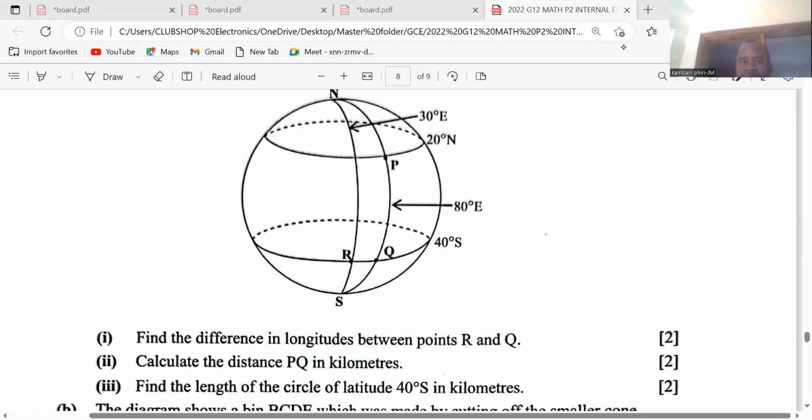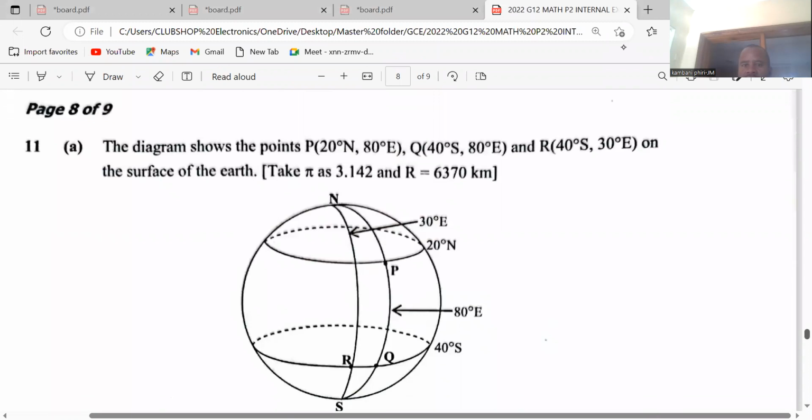So in this presentation, we want to see how we can solve a past paper question on earth geometry.